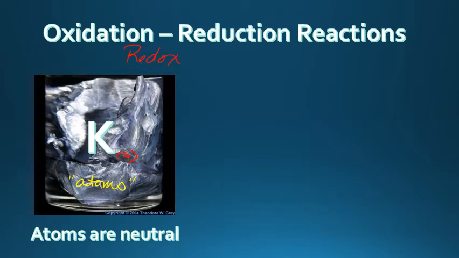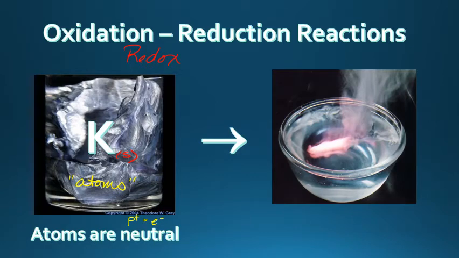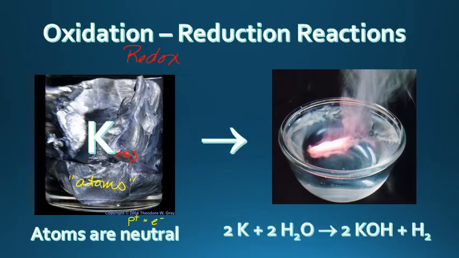They have the same number of protons and the same number of electrons, which makes all atoms neutral. But if I take potassium and put it in water, I get a chemical reaction. In that reaction, the potassium atoms, plus the water, make potassium hydroxide and hydrogen gas.